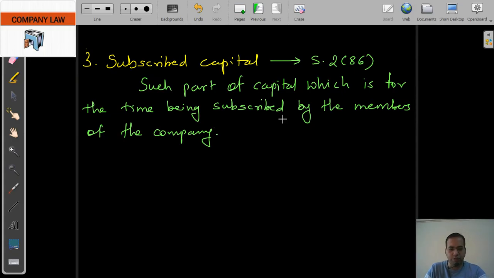It is such type of capital which is subscribed by the members of the company. Okay, so what is subscribed capital? Subscribed capital is a part of the issued capital.